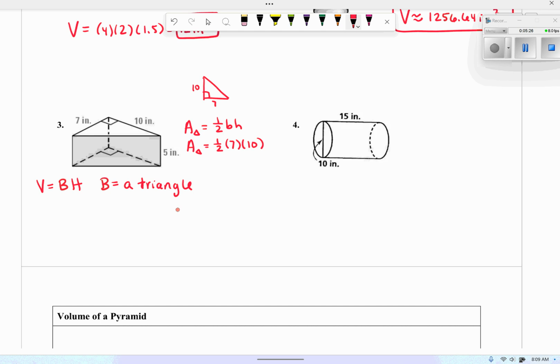And so that gives us 70 divided by 2, which is 35. So the volume of this prism would be the area of the base, which we just said is 35, times the height. So that h equals the height, which is 5 inches. So this gives us the volume is equal to 175 cubic inches.